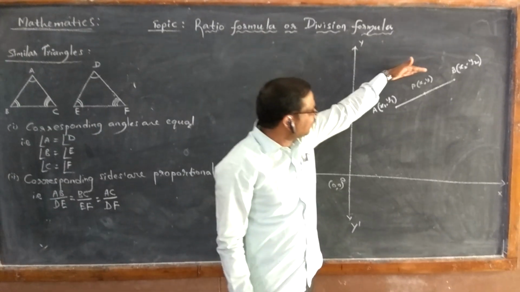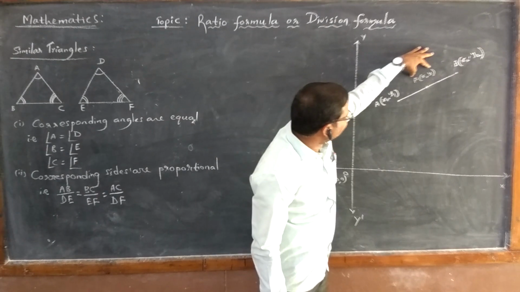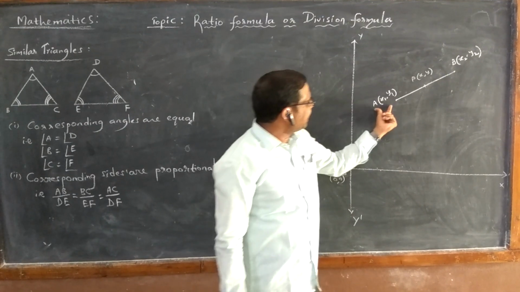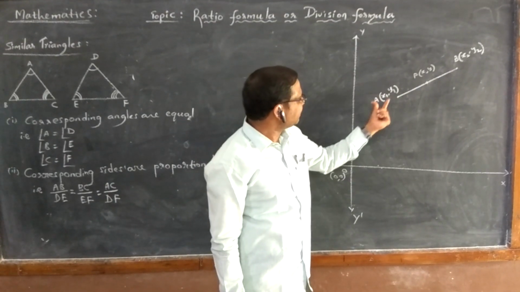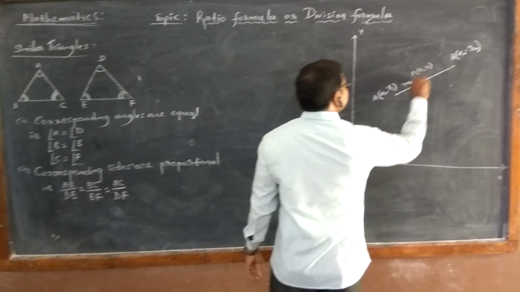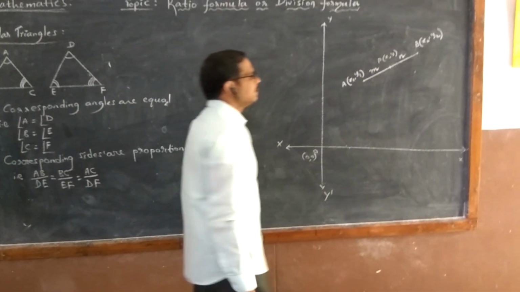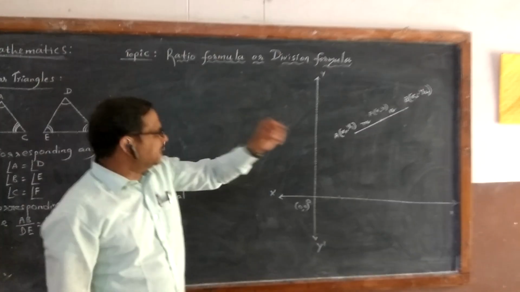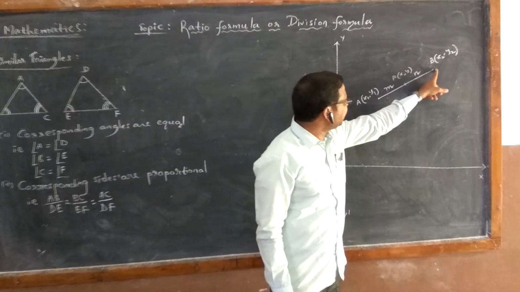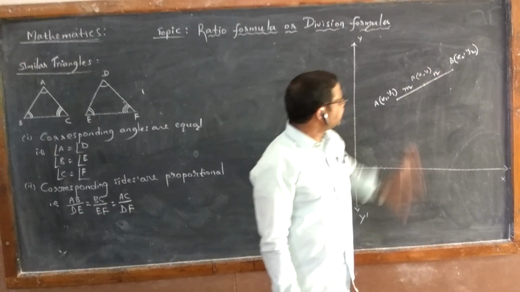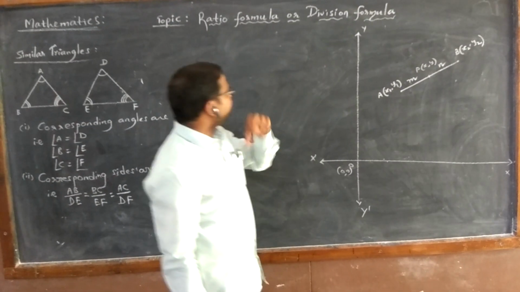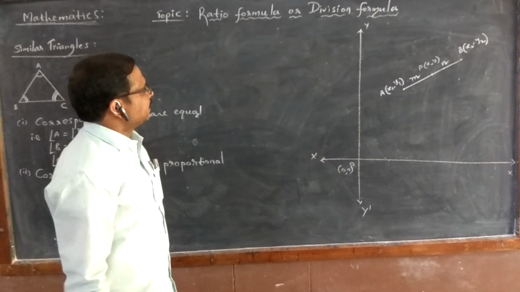I am going to find the coordinates of P. This point divides the line segment joining the points A and B in the ratio m is to n. That point P is called the division point.